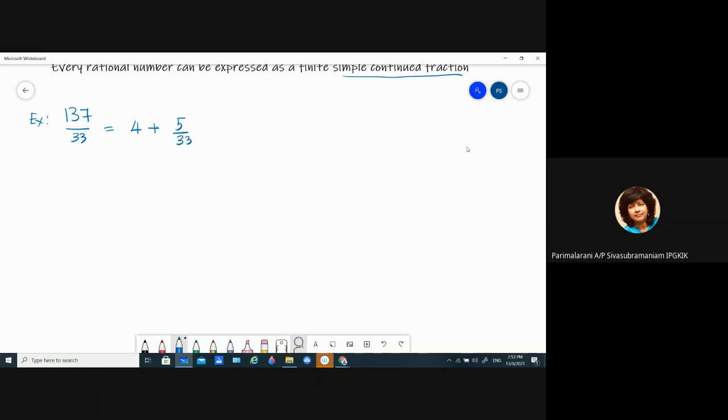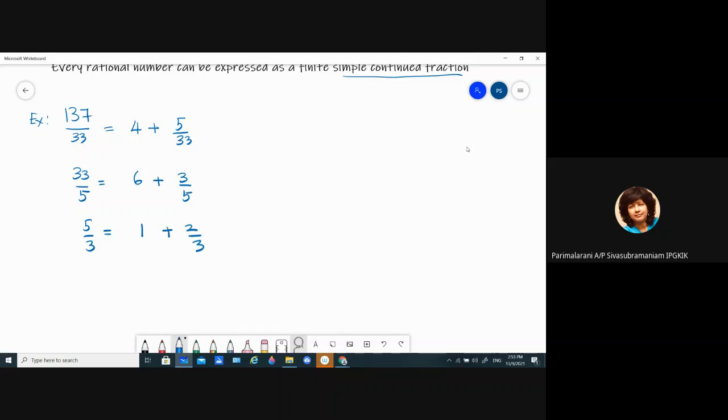The next line, I'm going to take the reciprocal of 5 over 33, which is 33 over 5. This is for me to do the calculation easily later. So 33 over 5 is 6 plus a remainder of 3 over 5. The next line, I'm going to take the reciprocal of 3 over 5, which is 5 over 3. 5 divided by 3 is 1 plus 2 over 3.